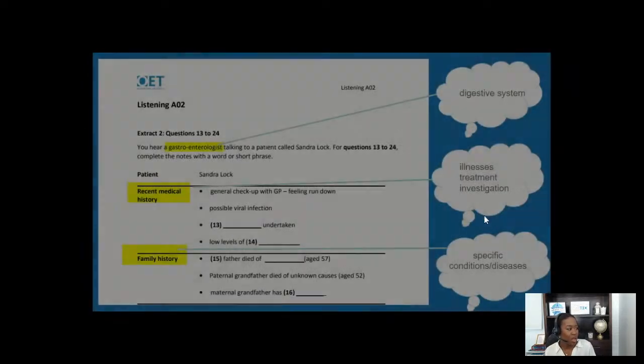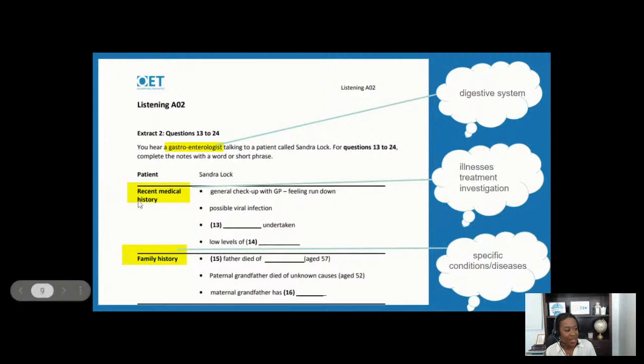So as you're looking at these sections in your mind, you might think, okay, it's a gastroenterologist, so it's got to be related to the digestive system. When it comes to the recent medical history, they're going to talk about illnesses, perhaps treatment, maybe investigations.